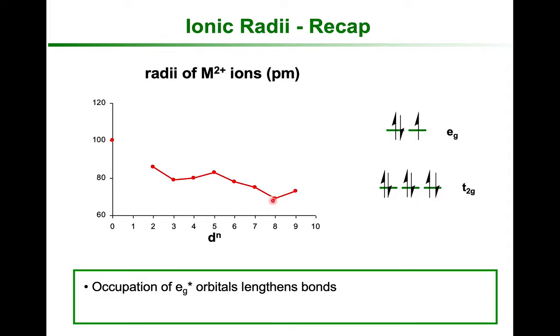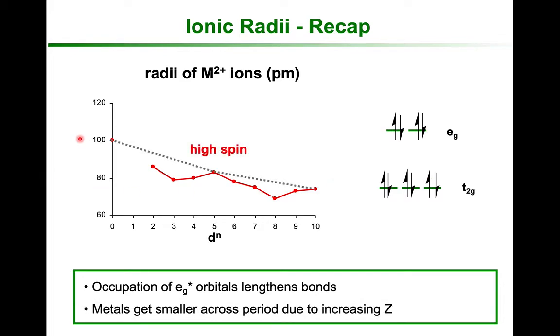Okay, so we go from d8 to d9. We put an electron into the eg set and the bond got longer, and we put a final electron in the eg set and it gets longer. Here we're comparing our d0, d5, and d10. Here we have no electrons in the eg set.